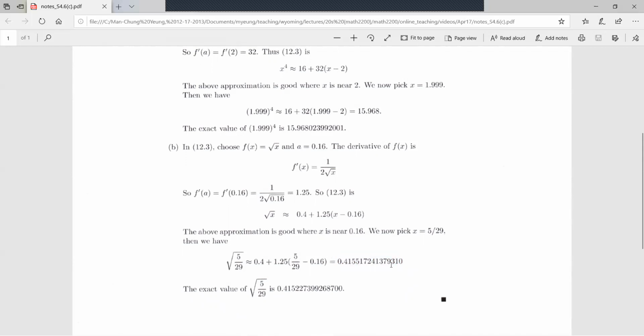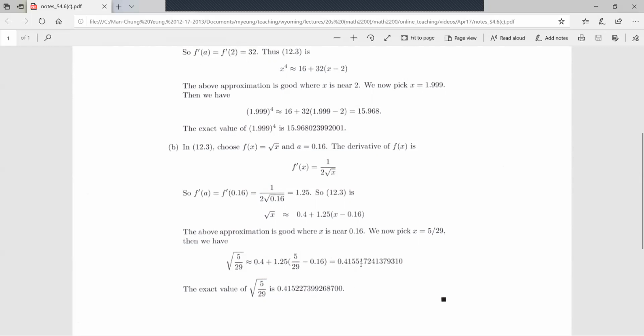How good is this approximation? Let's compute the exact value of this quantity. It is this number, the exact value. Now compare the tangent line approximation to the exact value. We see that they are very close, but the approximation is slightly smaller than the exact value.